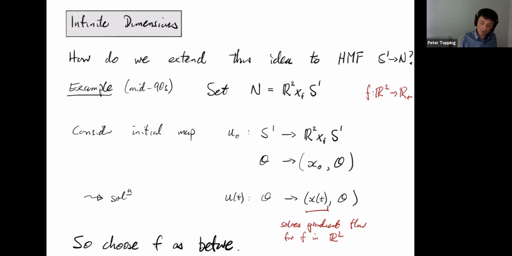If you do harmonic map flow, you end up with a solution of exactly the same form: theta always goes to one point independent of theta, but that point now depends on time. And that x is just going to do gradient flow for your f. So if you choose your f like you did before, we're going to get the same sort of winding behavior. That's all very straightforward.